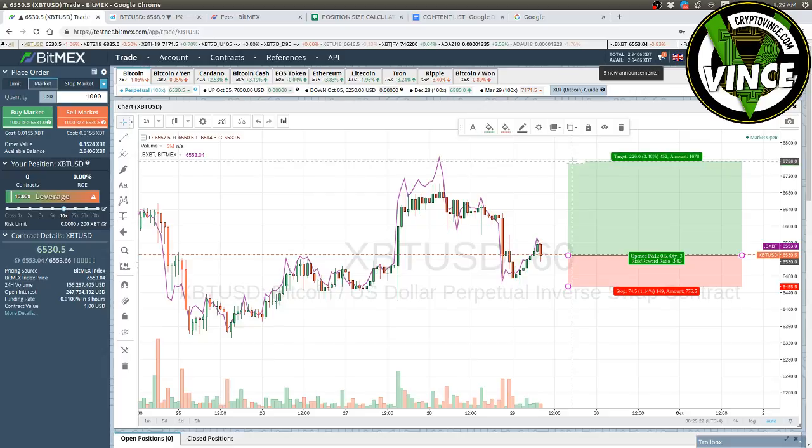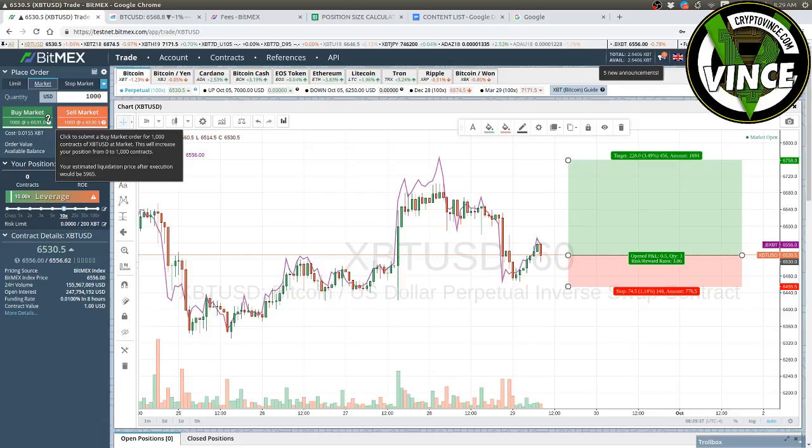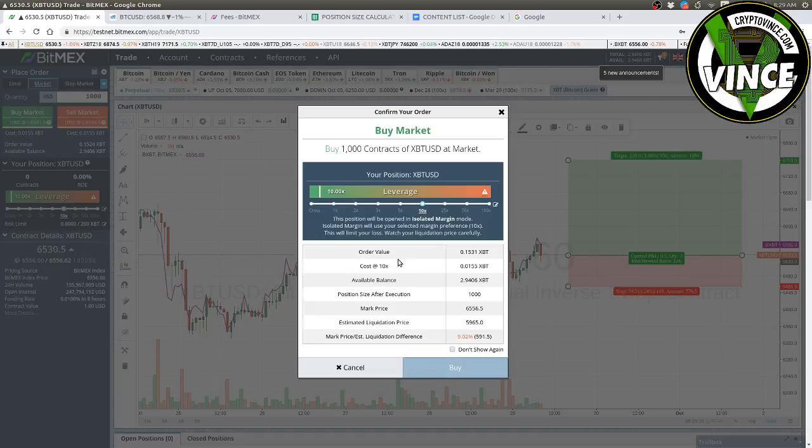If I want to go long here at this price, then I want to put a stop loss and a risk reward of 3 on top of here, and I want to go, let's say, 10 times leverage long. I can check this. Your estimated liquidation price will be 5965.